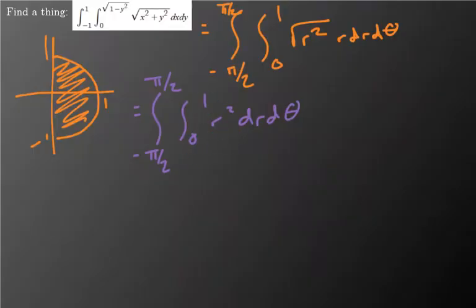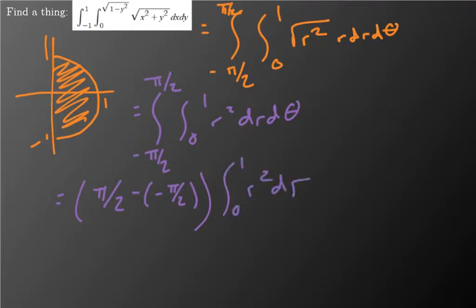So you can literally just do this as the theta integral would just be pi, you're just going to get theta, and then when you evaluate it, you'll do pi over 2 minus negative pi over 2. And then the r integral, you could just do separately, like that. And so you'll basically just scale your r integral by pi to get the final answer.